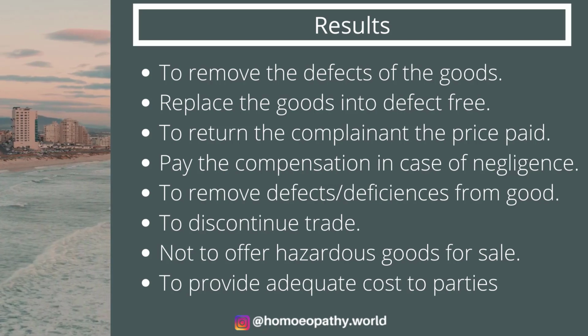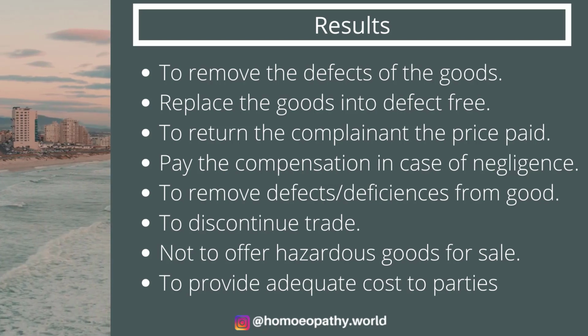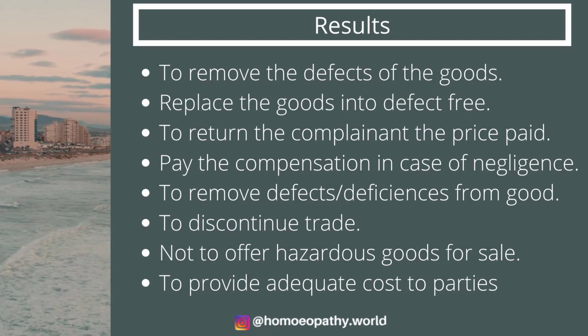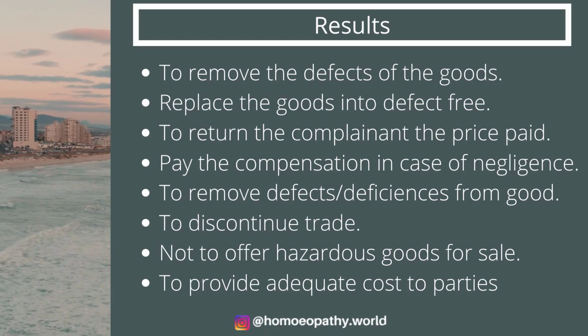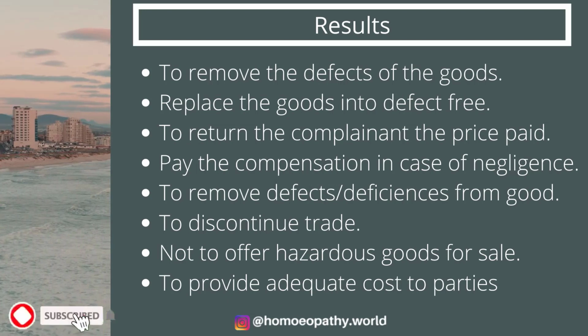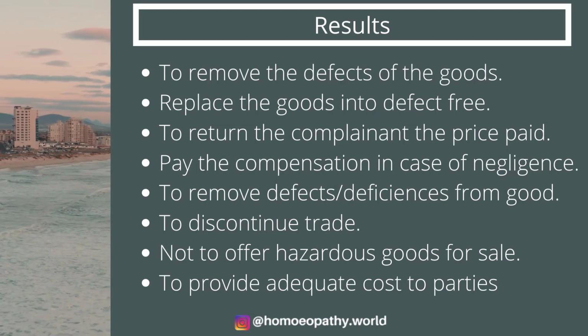Suppose some hazardous chemical or hazardous item is used in the goods for sale and it was not mentioned on the cover, and later on the consumer finds out that this particular item was present in the goods, then the company has to stop trading or stop this particular production and provide adequate cost to the parties.